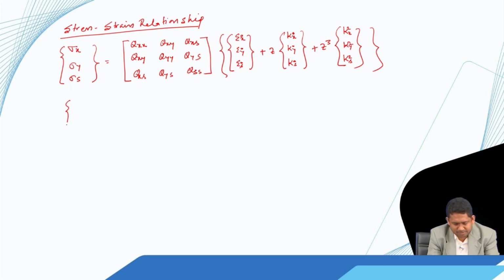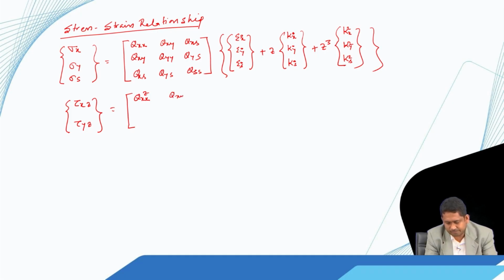Similarly, for transverse terms we have tau x z and tau y z. The stiffness matrix remains same. We derived it in the third and fourth class, in the third class specifically.